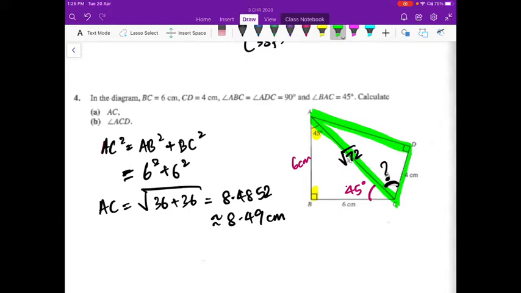Anna, which trigo ratio should we be using for this green color triangle to find this unknown angle? Huh? Cosine, huh? Why cosine? Why not sine? Why not tangent?